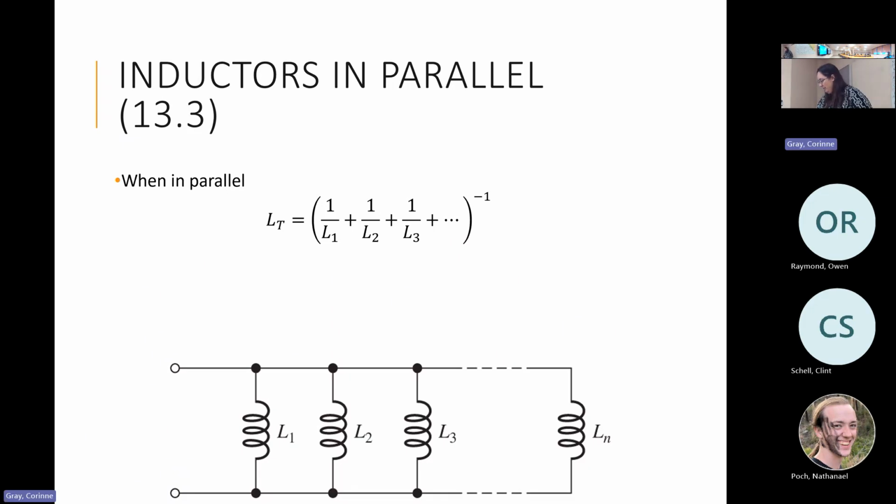So in this case, V is the same, whether that's instantaneous or overall, it is going to be the same each time. All right, any questions before we do some total inductance calculations?